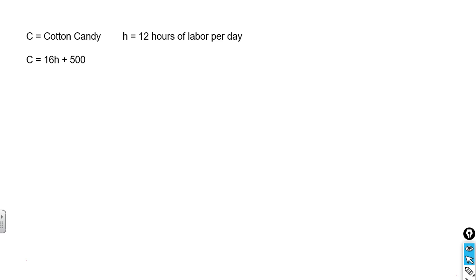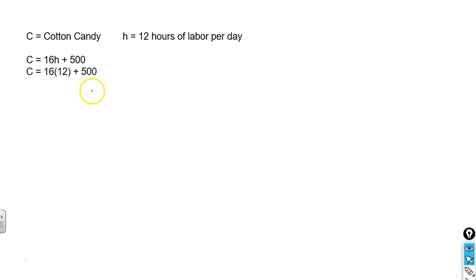Well, we know that the price per bag is $4, but we can't just substitute 4 in for our H, because that doesn't represent the price per bag, that represents hours of labor. And we can't substitute the $4 per bag in for C, because C represents the total cost to operate the cotton candy booth.